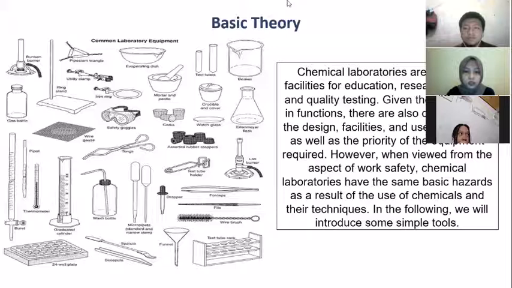non-volatile substances. Mortar and pestle. This tool is used to smooth a substance that is still solid or granular. Dropper. This tool is used to move a solution from one place to another. Pipette. This tool is used to collect liquid in a certain size. Utility clamp. This tool is used to clamp large chemical tools.